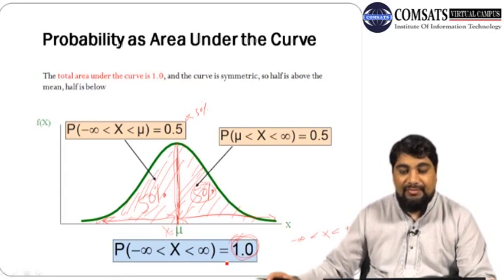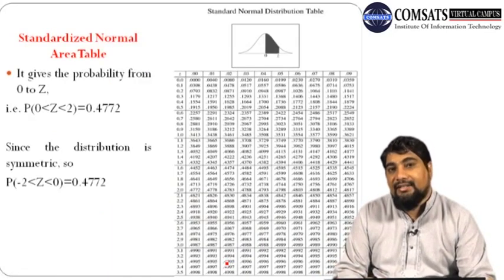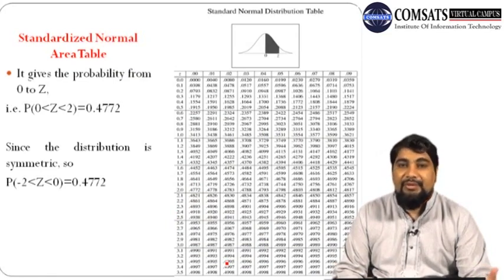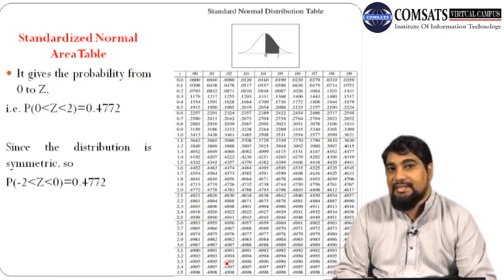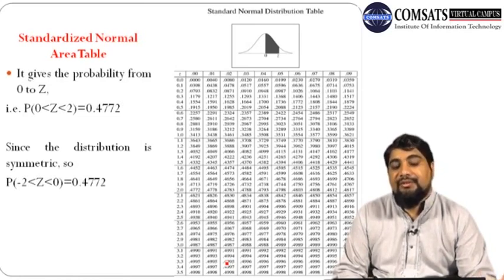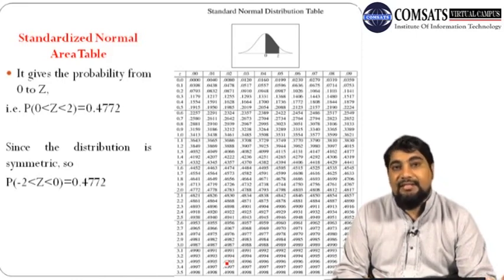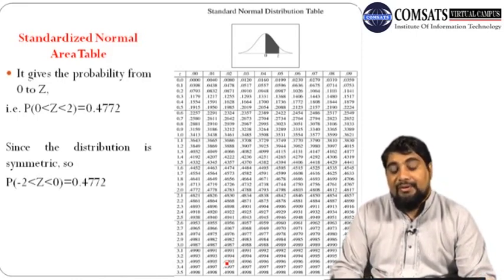So usually, finding area under the normal curve using a mathematical formula is not easy. So usually statisticians use a normal distribution table where they have approximated the area within certain limits. So here we have the standardized normal area table. Look at this figure.